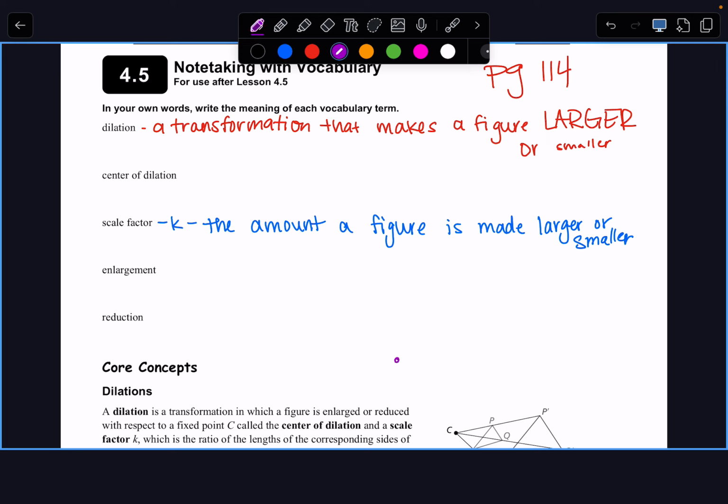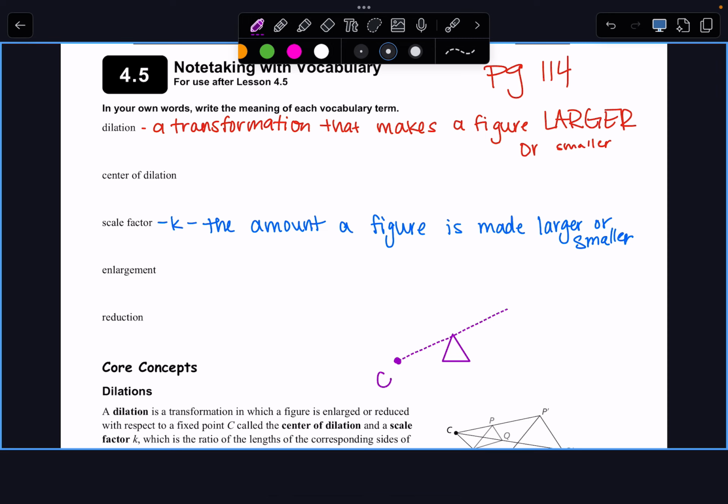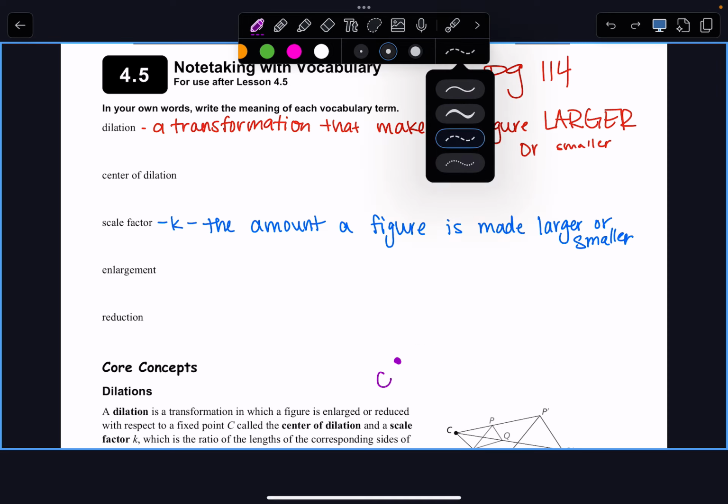Larger or smaller? He didn't do it this time. Look, just larger and smaller at the top. One's larger, and then one's smaller. Don't worry, I got it.